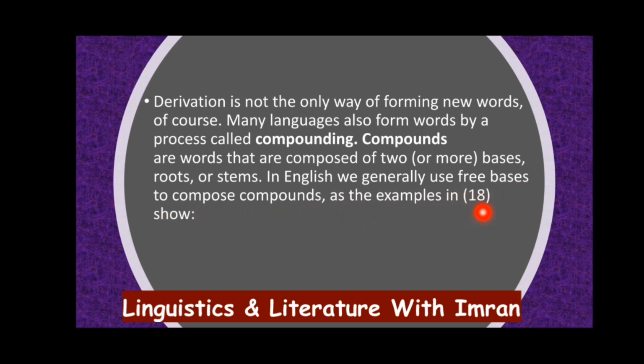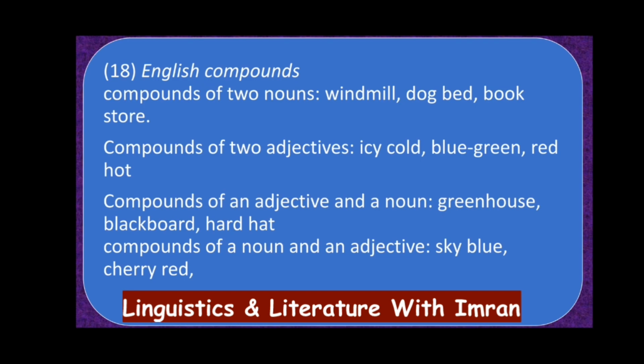In slide 18, for example, we have some examples of compounds. Compounds of two nouns, for example, windmill, dog bed, and bookstore. Here you can see that windmill is spelled as one word, right? And it is spelled as two words, dog bed.